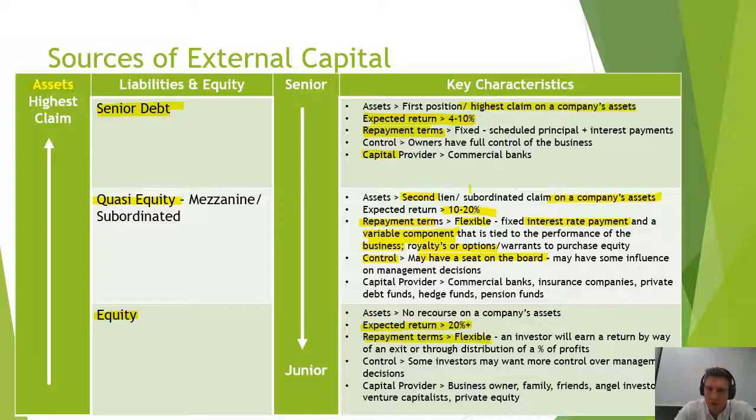Now, equity investors are taking on the most amount of risk, and as a result, equity capital providers will most likely have quite a bit of control over management's decisions. Now, the last bullet point here lists some examples of who provides each type of capital.